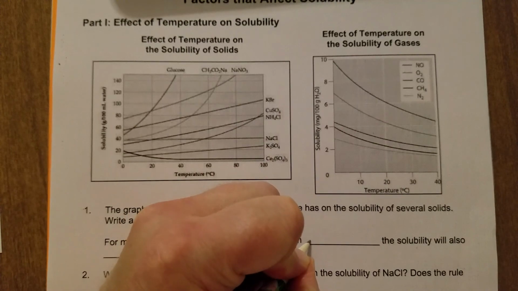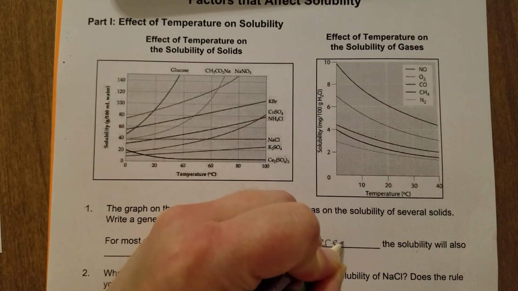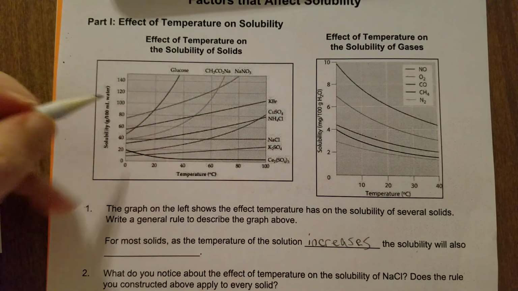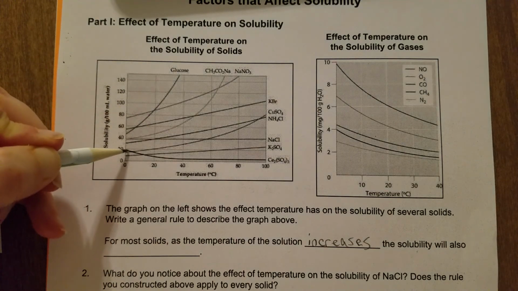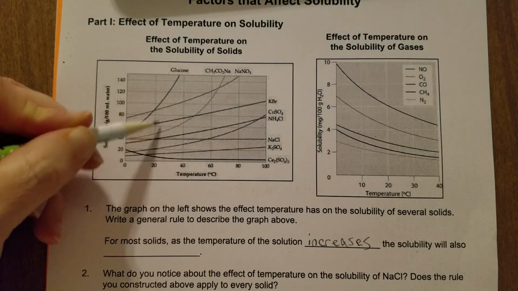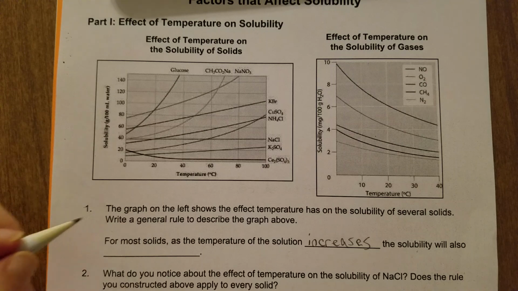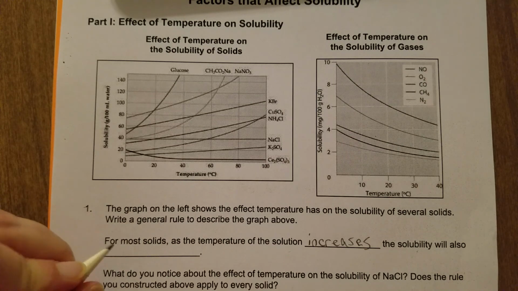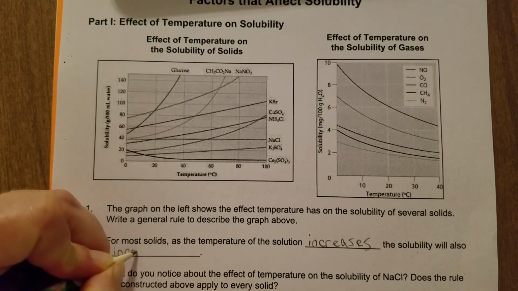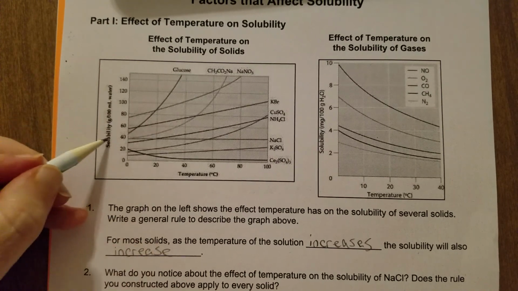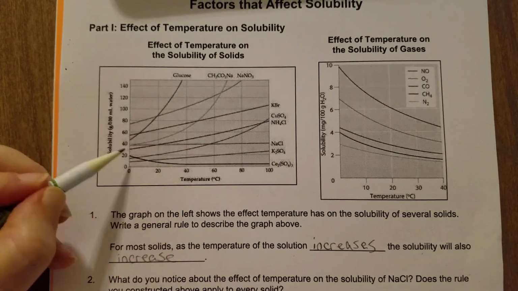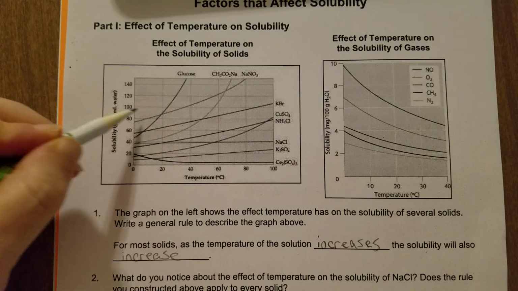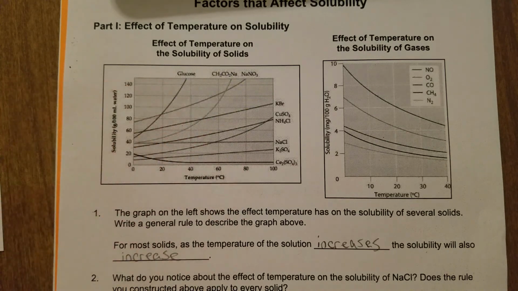So I'm going to say the temperature of the solution increases. It's not perfect. This one goes down, but all the rest of them go up. So I'm going to say it increases. The solubility will also increase. So the solubility is over here, the temperature's here. So if you make them both higher, they both go up. So increase and increase, a direct relationship.